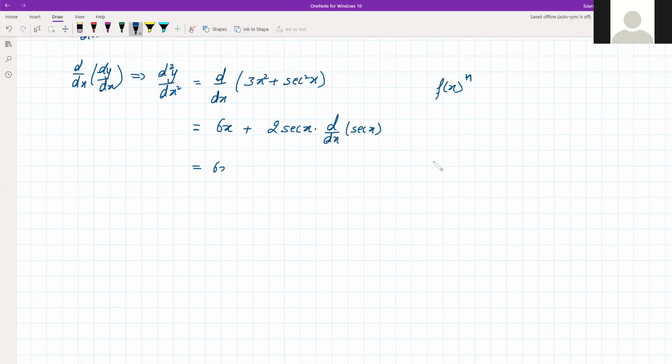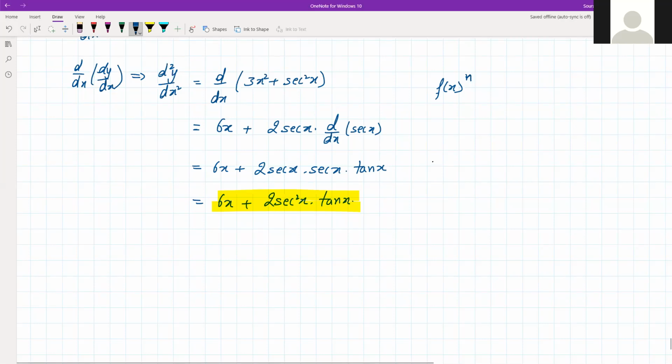So this is 6x plus 2 secant x into the differentiation of secant x, which is secant x into tan x. So simplify it: 6x plus 2 secant square x into tan x. So this is our final solution, if we are finding only the second order derivative.